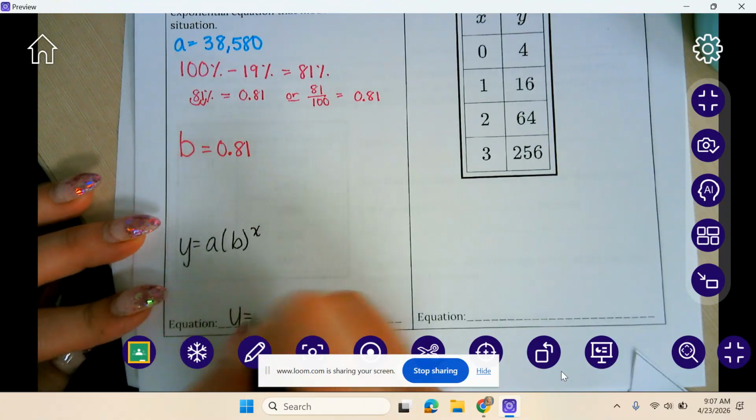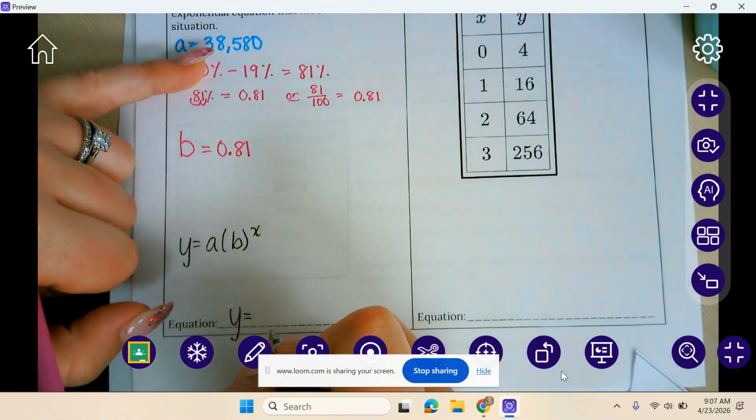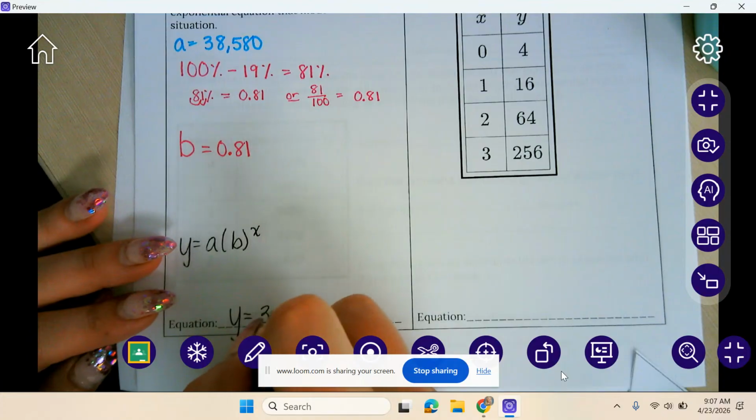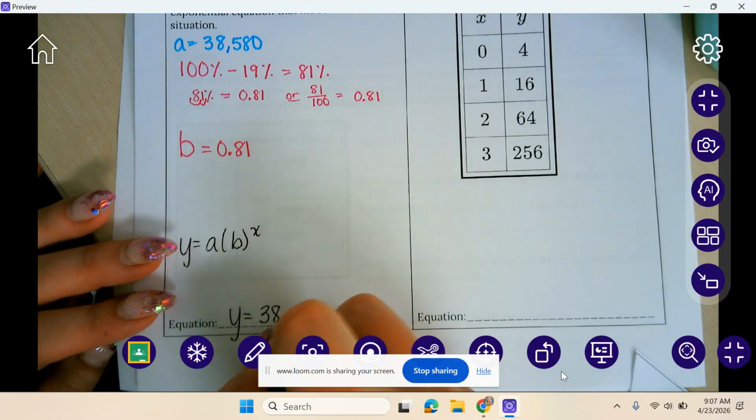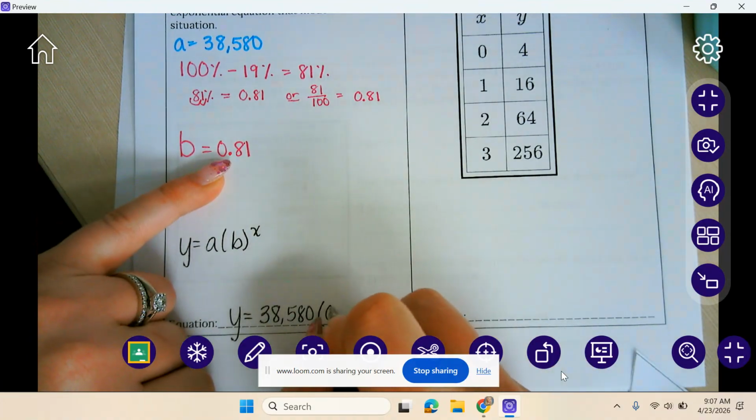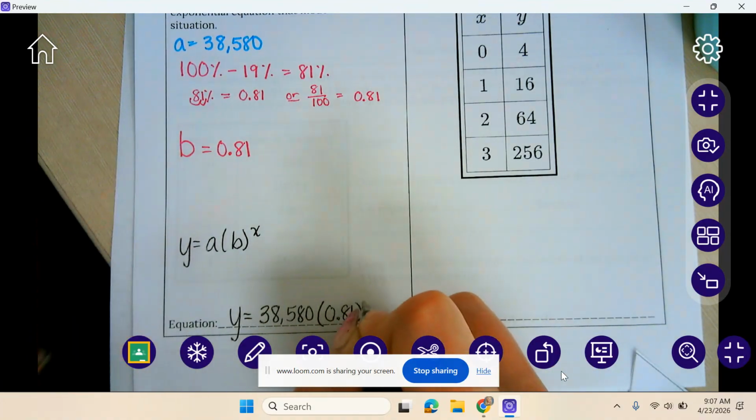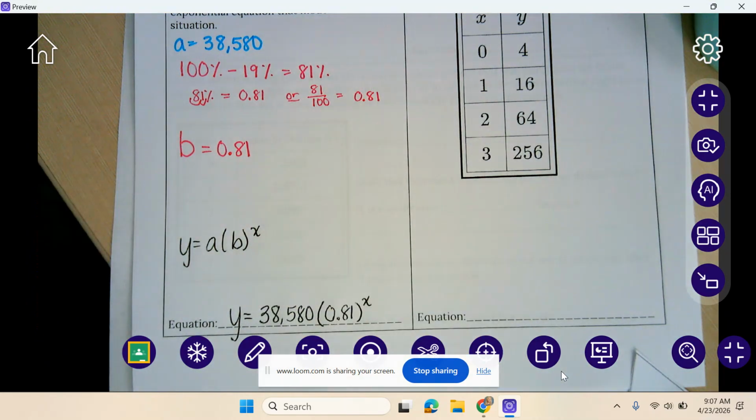So y equals a, which we said was our initial value, 38,580, times our b value, 0.81, to the power of x. Any questions on this one right here?